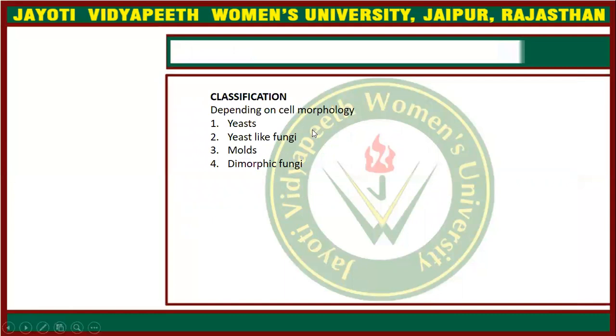Classification on the basis of cell morphology includes yeast-like fungi, molds, and dimorphic fungi. But in this lecture we are not going to discuss all of these, because we are focused on molds and filamentous fungi.